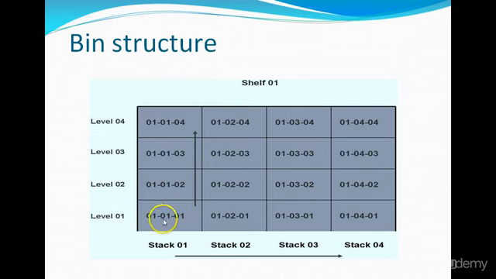So 01, 01, 02 is the second level: the shelf, the stack, and this is the level. Likewise you can make out how we have specified the coordinates of the bin structure.